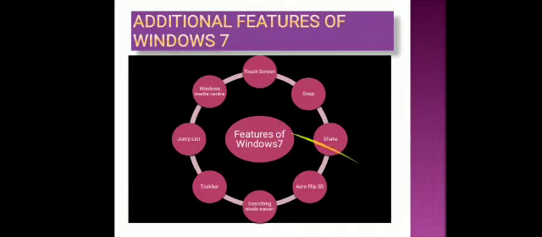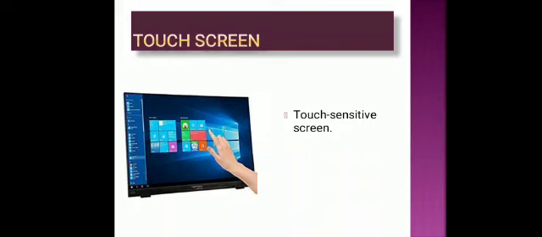First we will start with touch screen. All of you are familiar with this. Touch screen means no more mouse. It is similar to the feature of the mobile that you are using now. With a touch sensitive screen, that screen is hardware and Windows 7, on which we are working, is software. So we can use our fingers to browse online, flip through photo albums and shuffle files and folders.